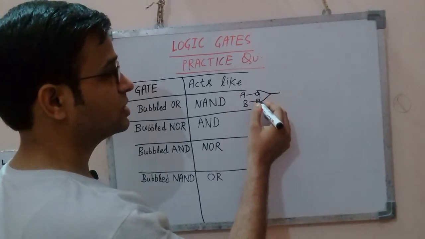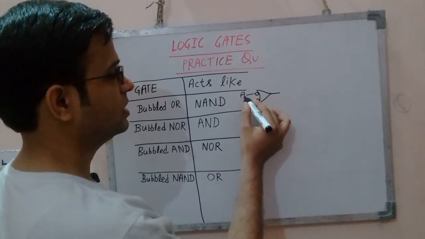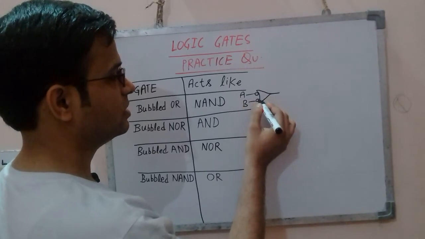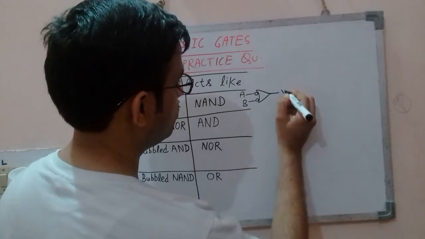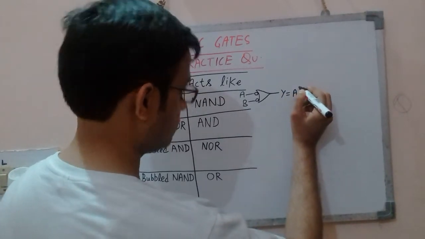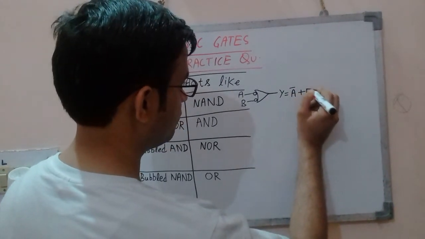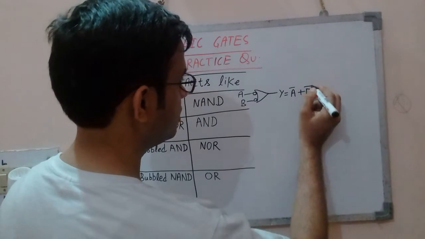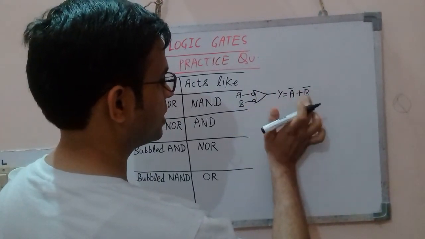This bubble shows the complement of the input. So that means this becomes A bar, this becomes B bar. So output Y will be equal to, since this is an OR gate, so what is the output? It is the sum of these two inverted or complemented variables. So A bar plus B bar will be the output Y, right?